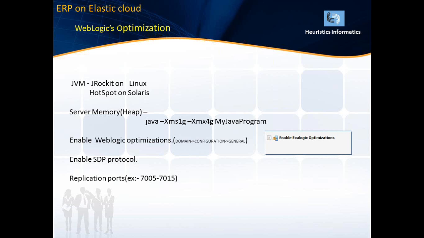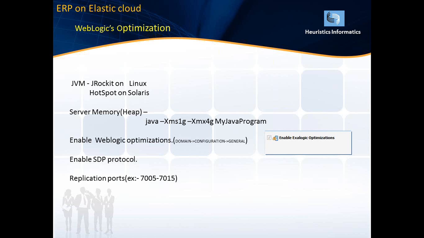Once you go to the domain configuration general tab, we have the option Enable Exalogic Optimization. Once you click on this, all the optimization techniques for WebLogic get triggered and executed to achieve performance at the software level.